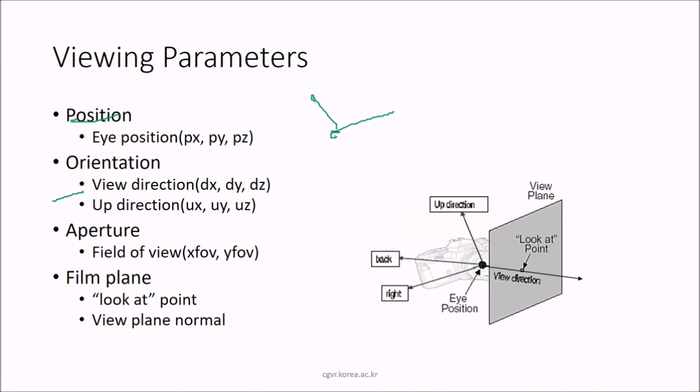Then the aperture, that is the field of view, X FOV and Y FOV. And then the film plane, which is the look at point and view plane normal. These are the look at point, and these are the various eye positions, Px, Py, Pz. This is the view plane.